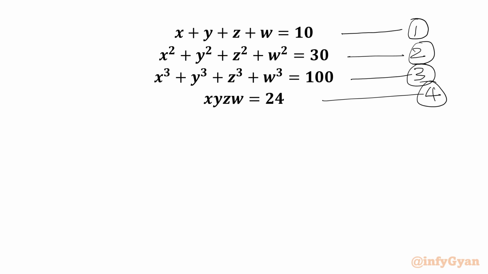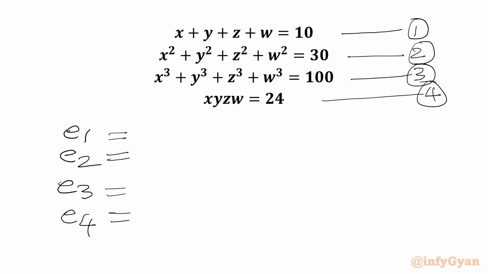So let us begin with writing E1, E2, E3, E4. E1 is simply sum of roots. So I can write here x plus y plus z plus w. Sum of roots, as per first equation, I can write 10.